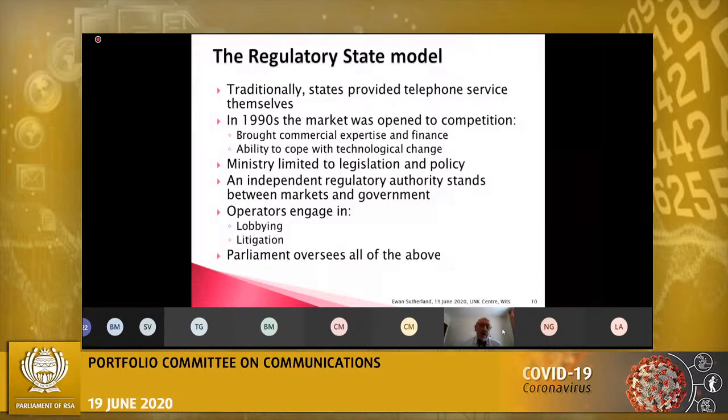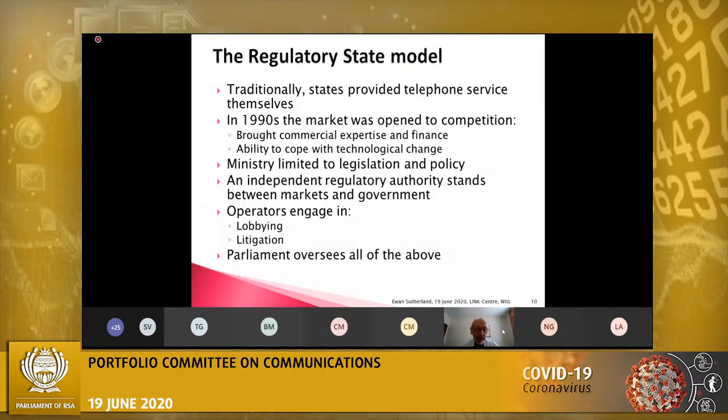Of course, the operators also engage in lobbying and in litigation. And then the job of Parliament is to oversee the whole lot. They have to check what the ministry is doing and what the regulator is doing, and it makes life a bit difficult because they are trying to see what is happening in the market through this complicated model.